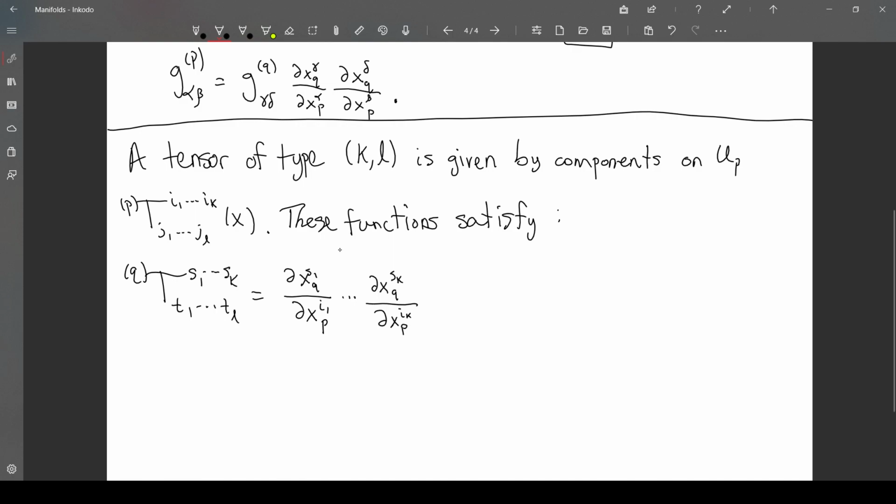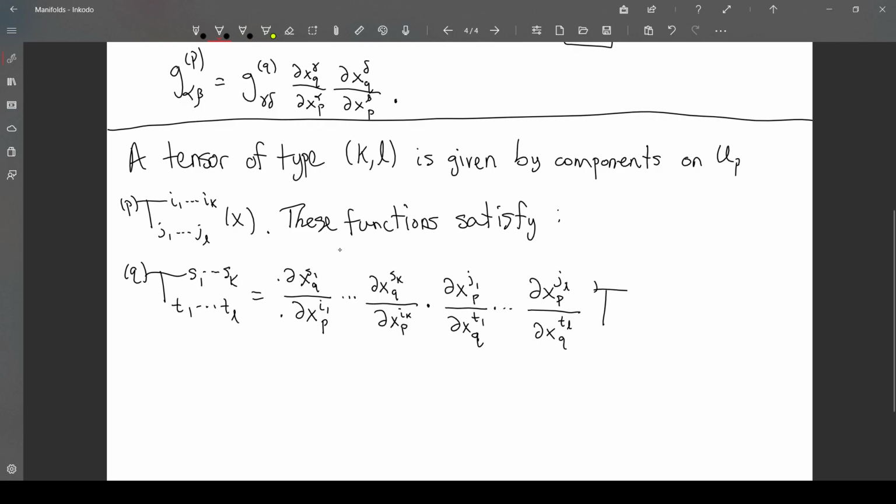Notice, for the upper index things, you have Q over P. But for the lower indices, the derivative terms are P over Q: dx j1_P over dx t1_Q, up to dx jl_P over dx tl_Q.